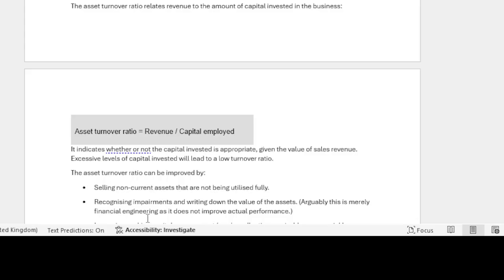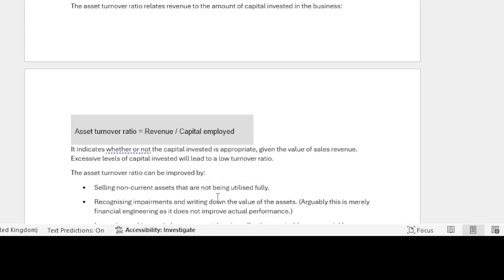So how can we get this turnover ratio better? The different things that you can look at: maybe it can be low if, for example, you have a lot of assets that you've bought and you're not putting them to use. So maybe you can sell off some of those non-current assets that you're not utilizing at the moment.